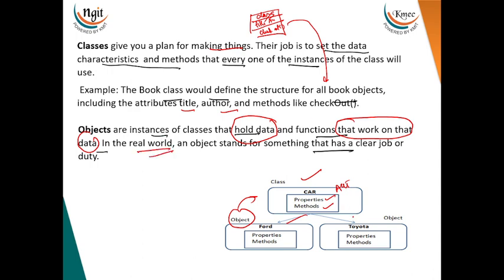Then we have Toyota, one more car, and this is also one more object, with its own properties and methods. I hope you have got this concept clear. A class has a name, attributes, and functions to perform on it, whereas objects hold the data which will work for the real world, along with the functions that work on that data. This is the example given here.